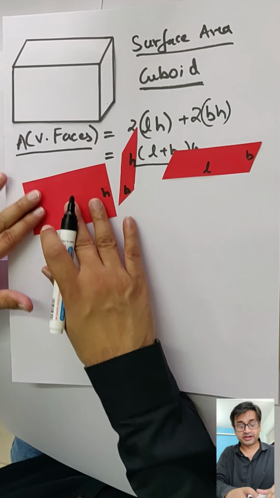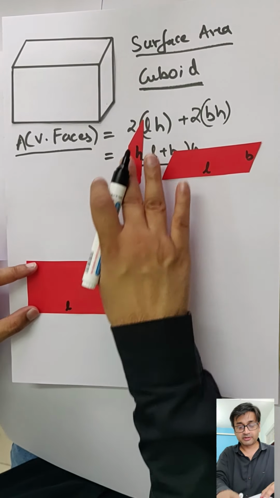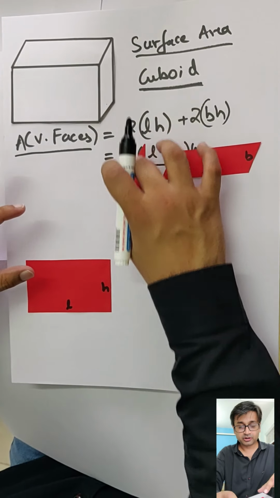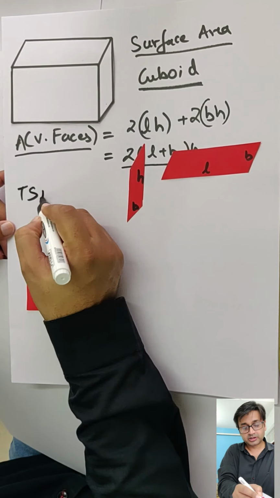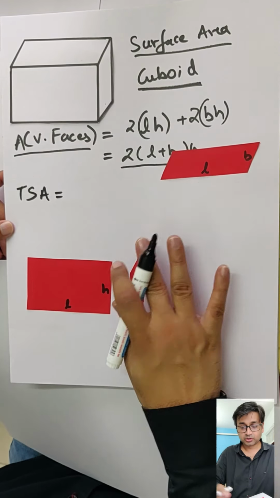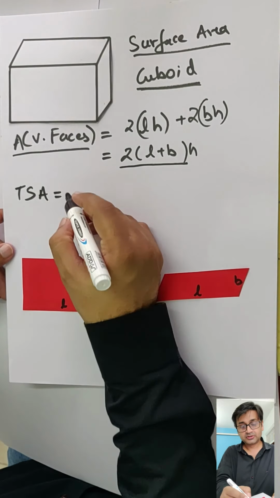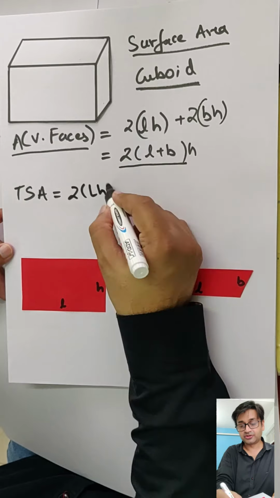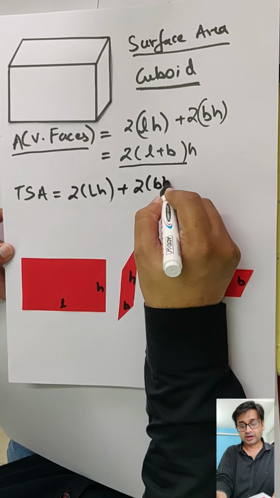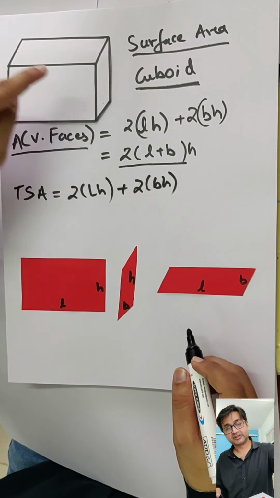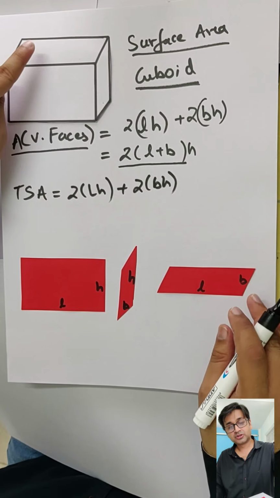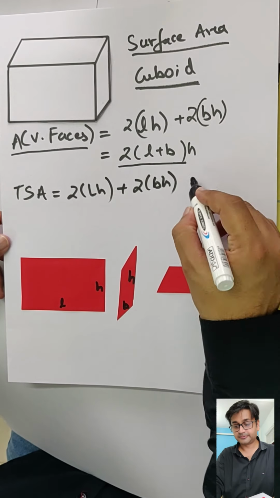Now what if I want to find the total surface area? So what am I going to do? So let's see. For total surface area, obviously it is going to be these 2 plus this one. So first length into height, which we already had, breadth into height. So we got 4 vertical faces. Now the top and the bottom. So the top is here, length into breadth.